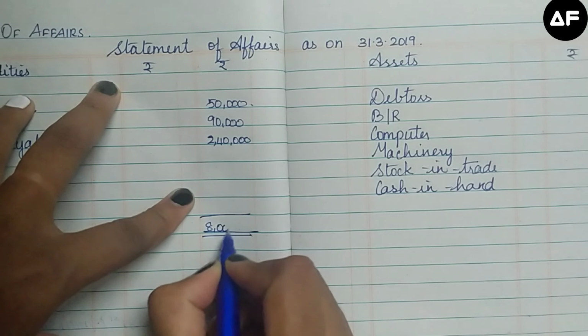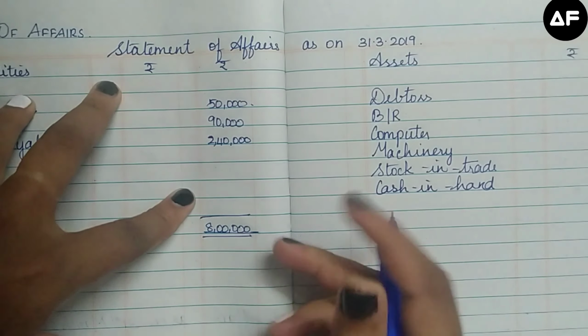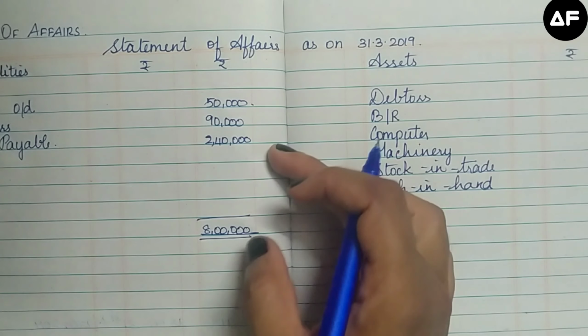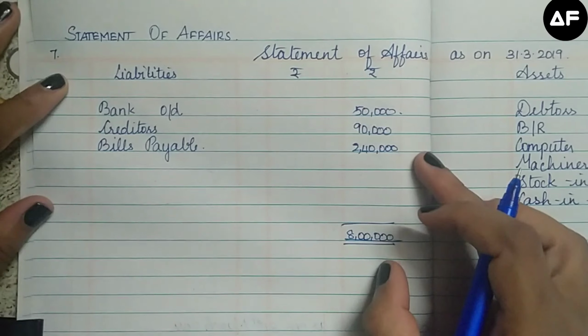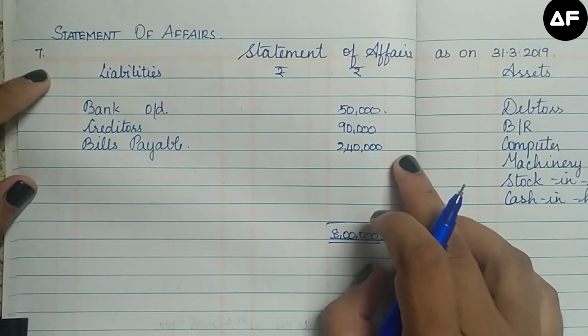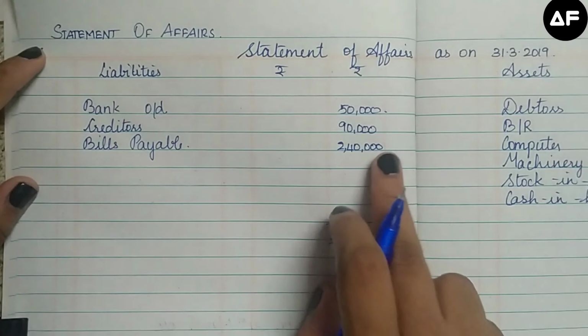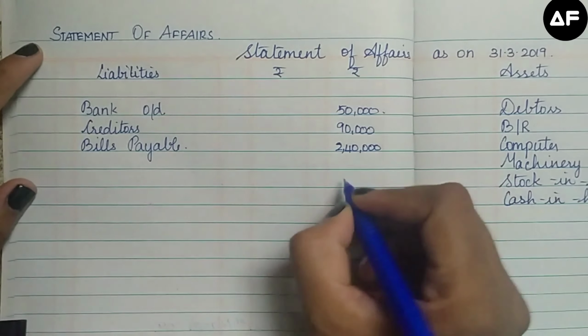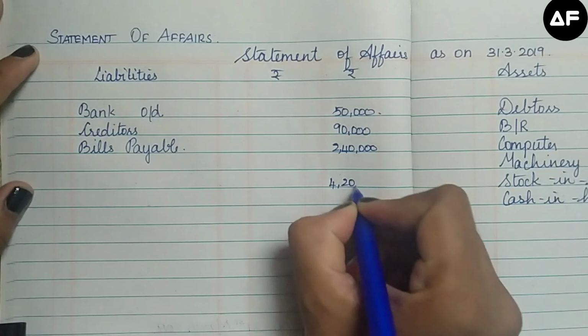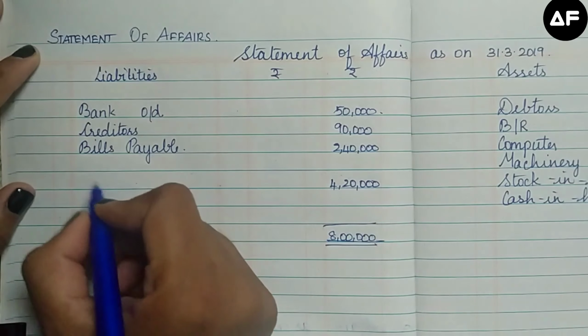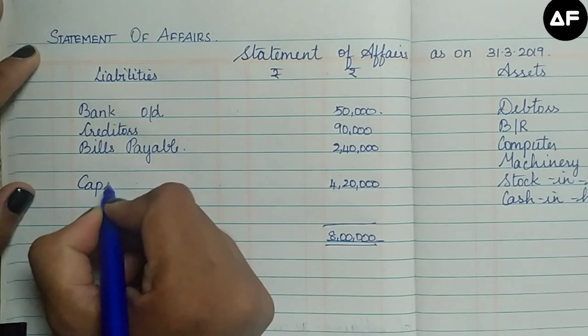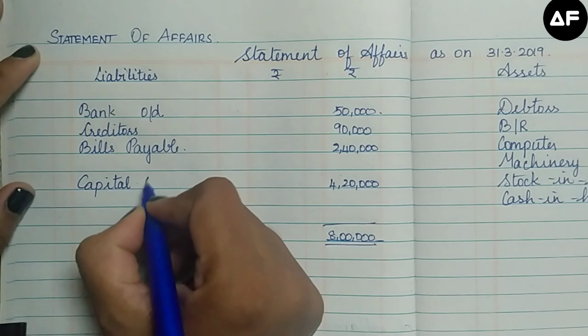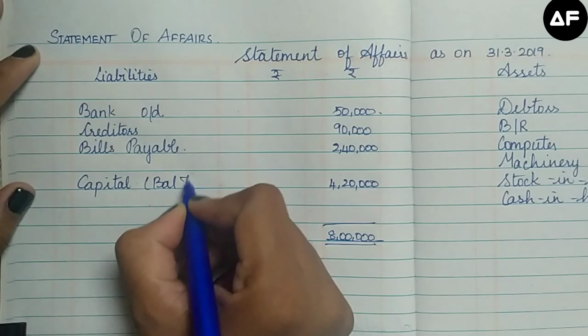After I do so, I am going to subtract this 8 lakh with a lesser value. So my lesser side is my liability side. So liability side, I get 3,80,000. So 8 lakh minus 3,80,000 is an answer of 4,20,000, which is going to be the capital for this particular sum. So the capital or the balancing figure.